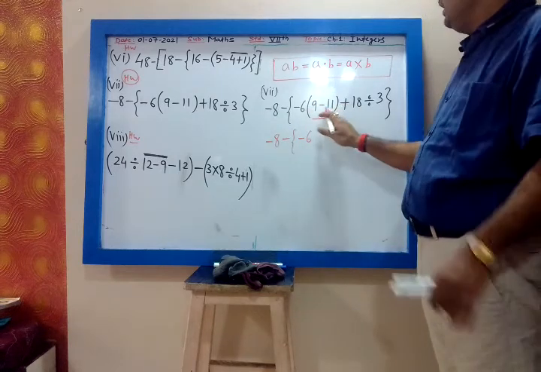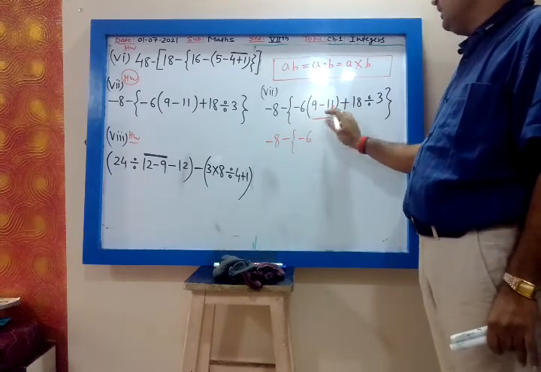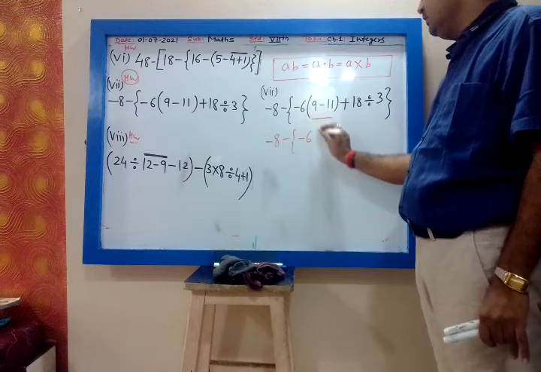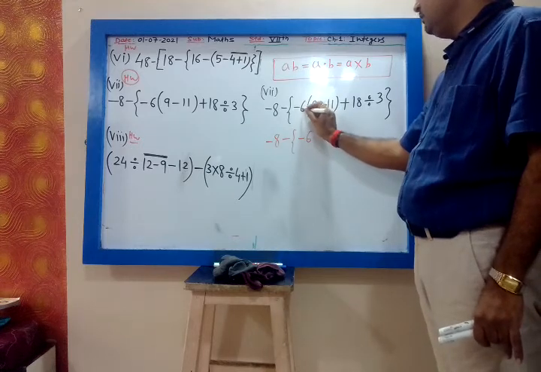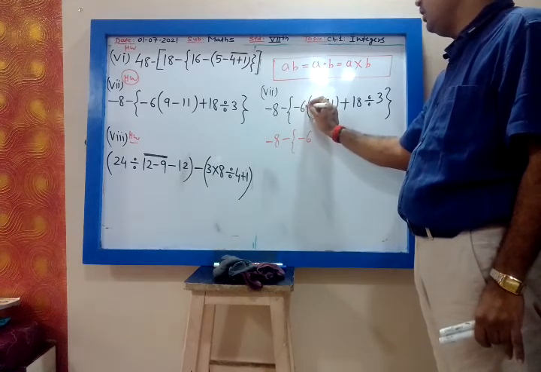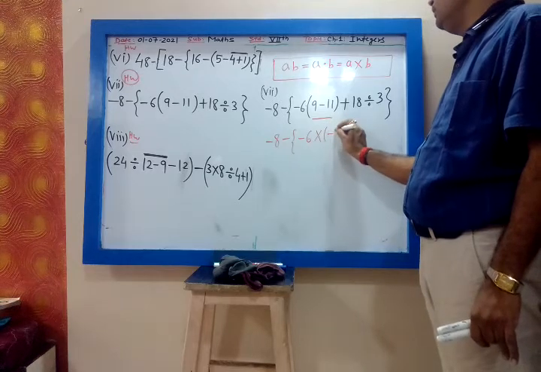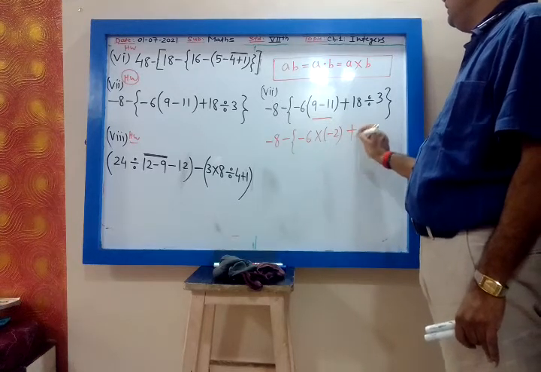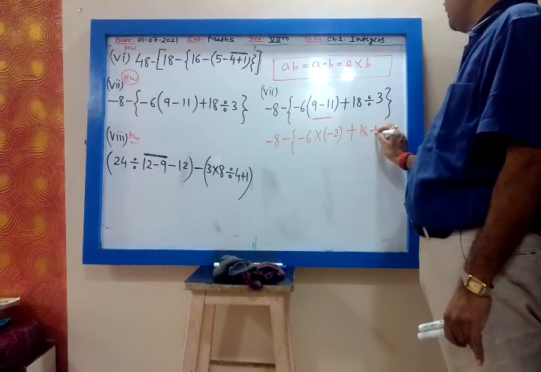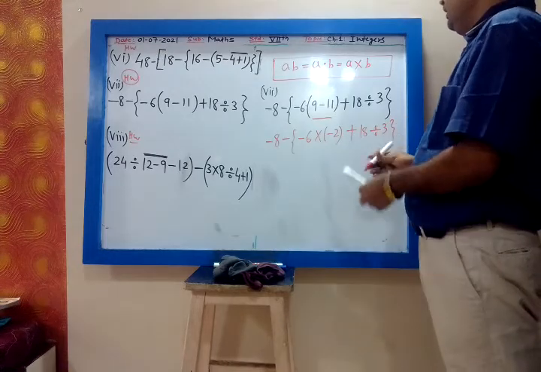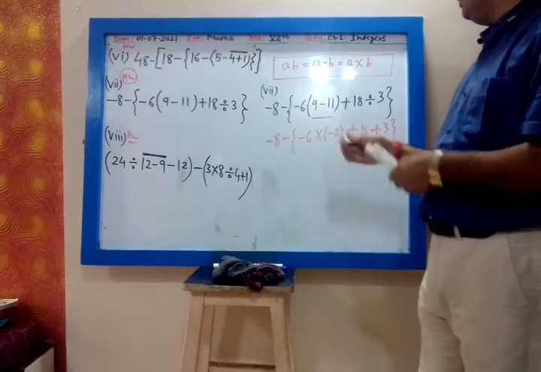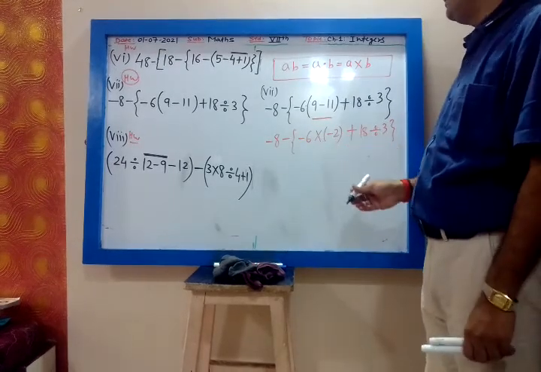Now see, 9 minus 11 is minus 2. So minus 6 into minus 2; there is nothing written, which means it is multiplication. Plus 18 divided by 3. Which one will you perform first?